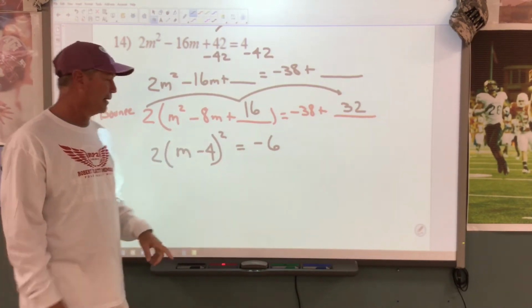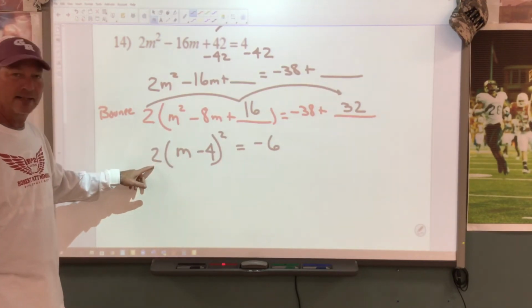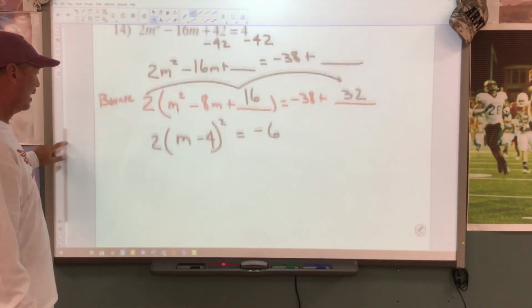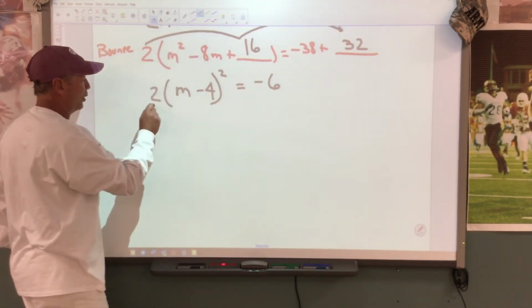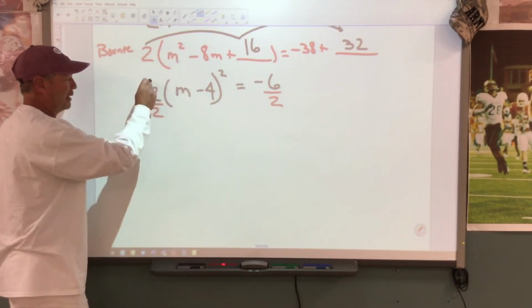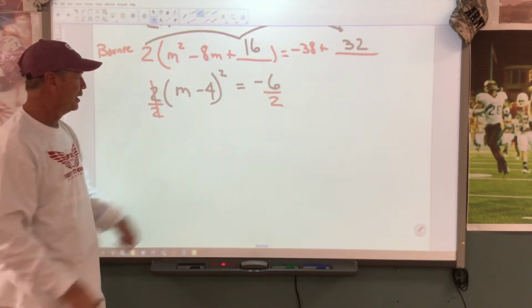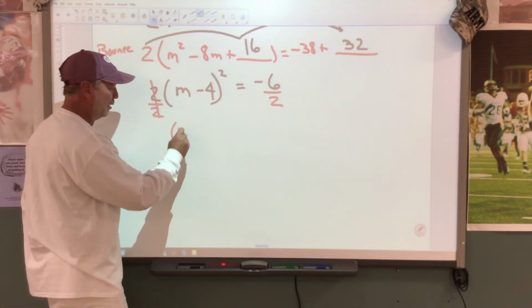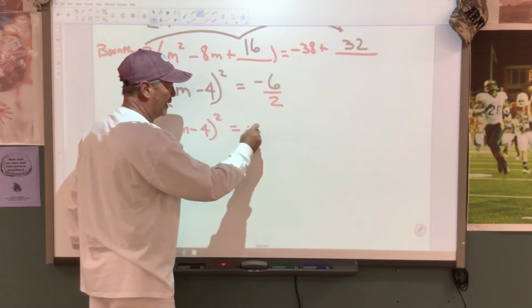But wait, I still need to solve for m. I need to move my 2 to the other side. How do I move my 2 to the other side? We're going to divide by 2. This will cancel. See what just happened? So that leaves me with m minus 4 parentheses squared equals a negative 3.